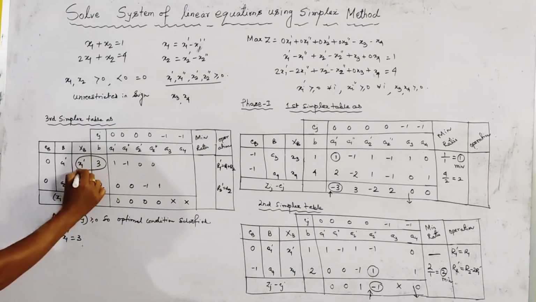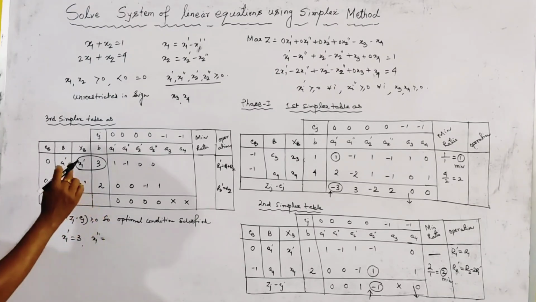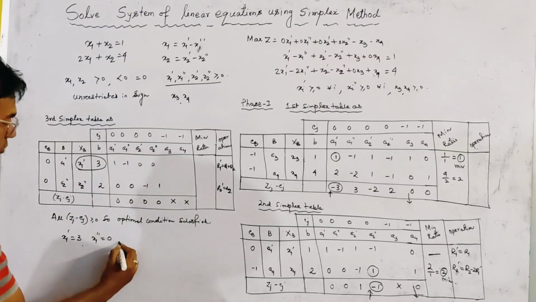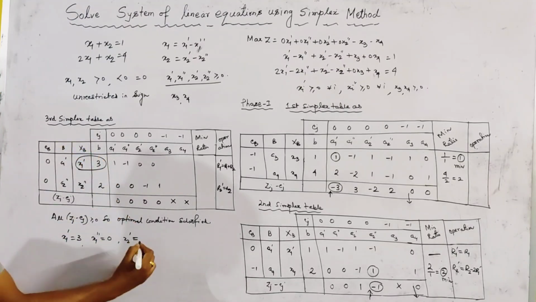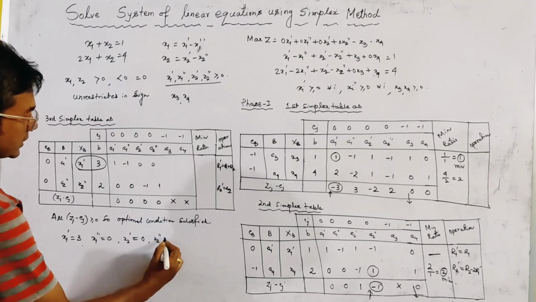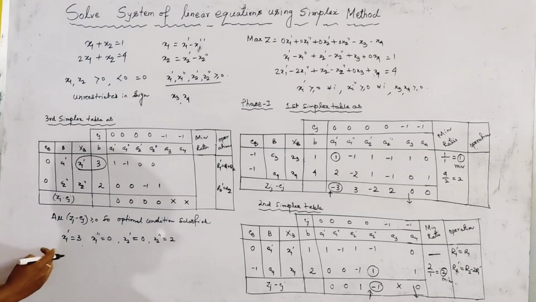Okay, x1 double dash is not in the table, so we write it is 0. x2 dash is also not in the table, so we write it is also 0, and x2 double dash equal to 2. Okay, this is the solution by the simplex method.